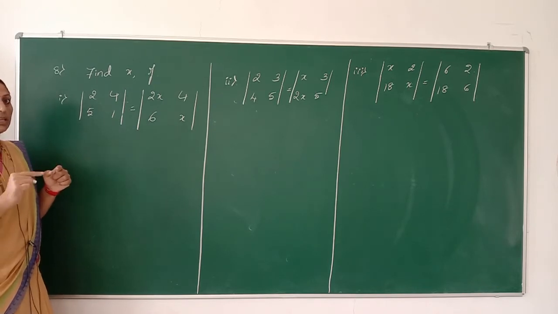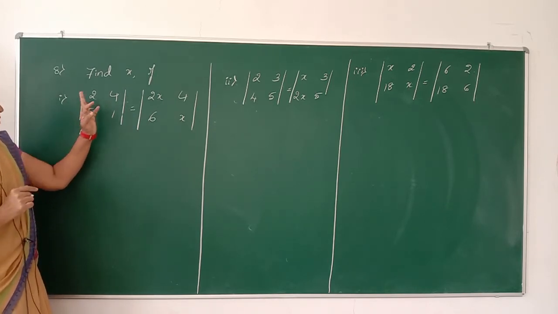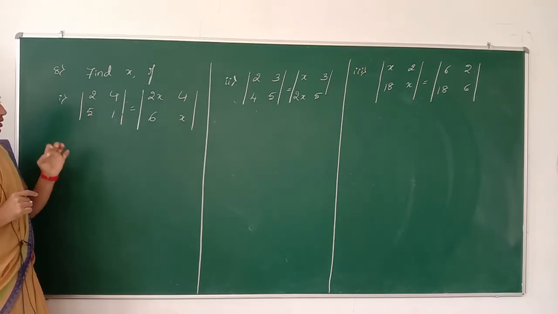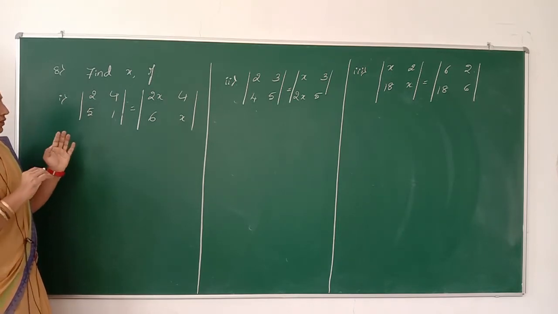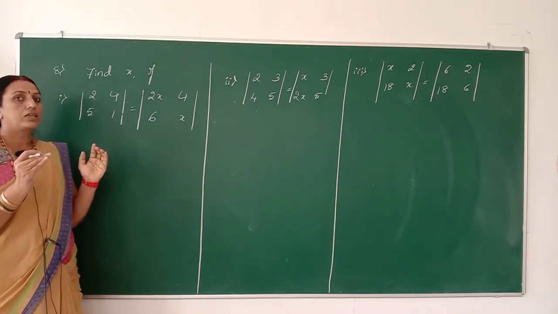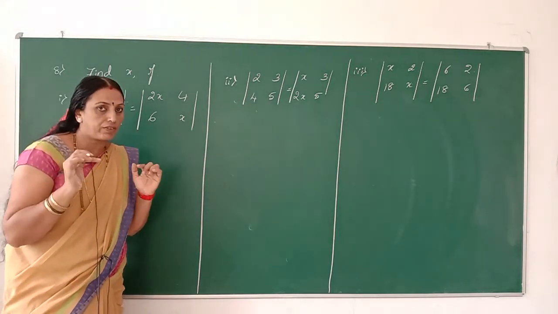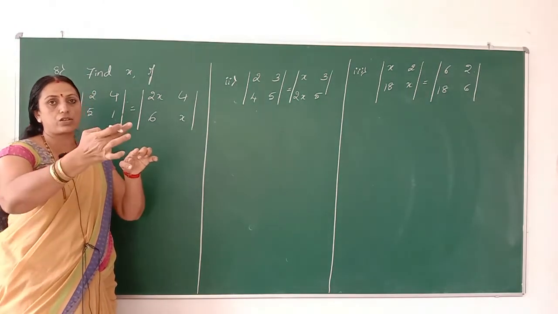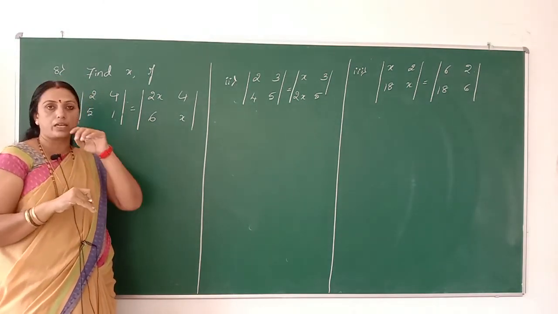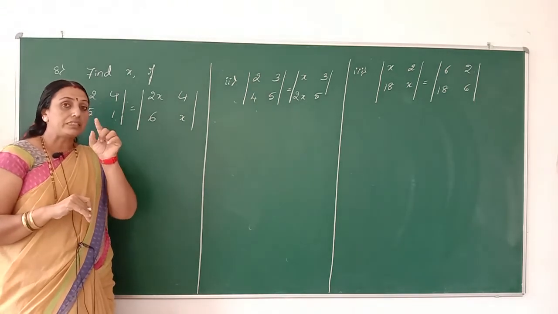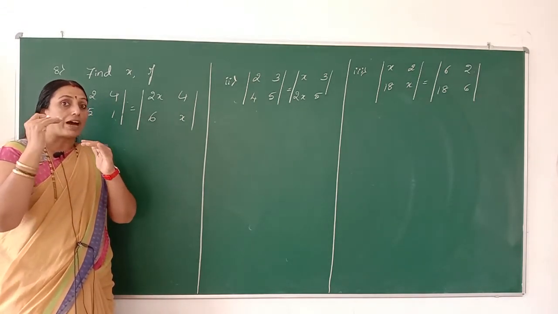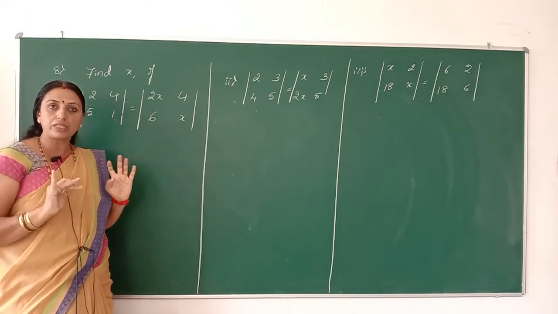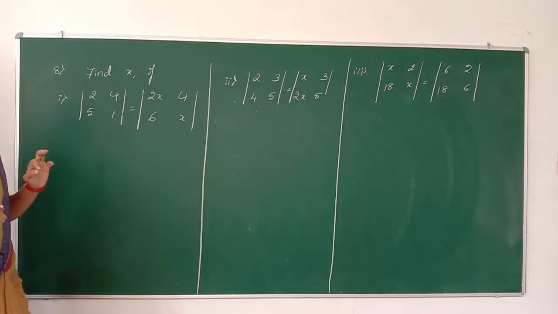Only in the case of matrices are corresponding elements equated, but not in determinants, so always remember this. Equality of two matrices means the corresponding elements are equal: first row equals first row, second row equals second row. But in the case of determinants, the final values of the determinants are equated with each other, not in the corresponding form.